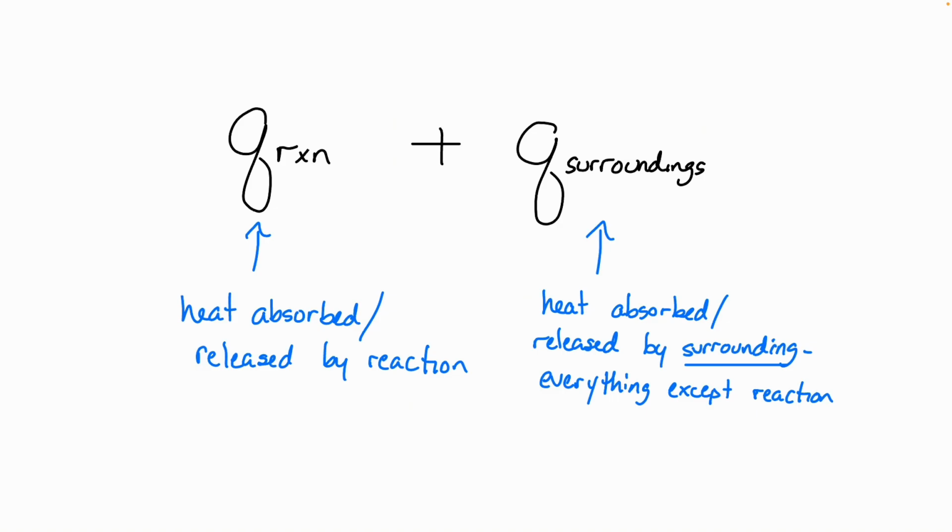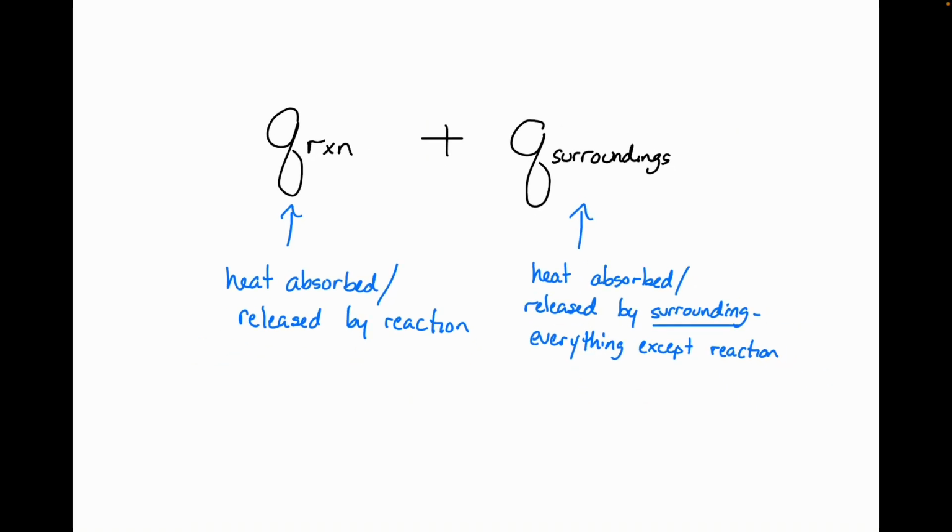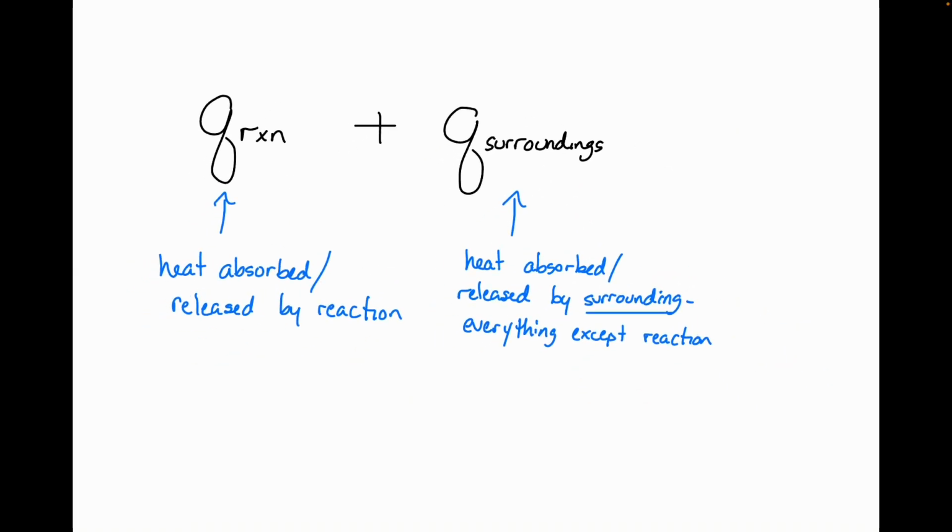All right, these two energies combined here have to be equal to 0. We can't make any new energy out of thin air. Energy can't disappear into thin air. It's got to go somewhere. This equation right here is saying that let's say that we have a reaction that releases heat.